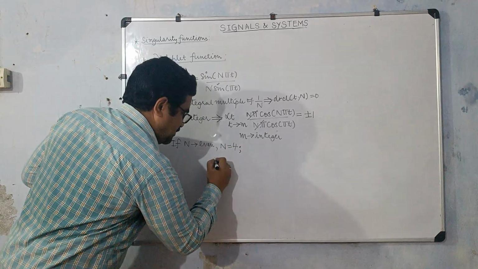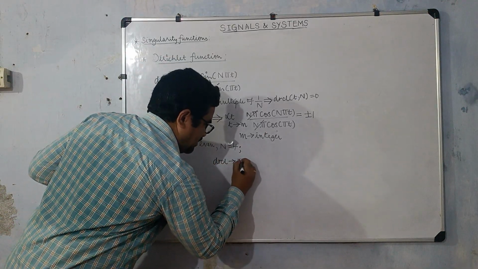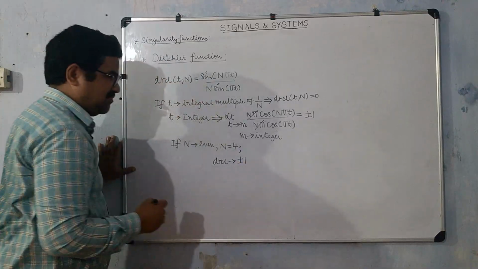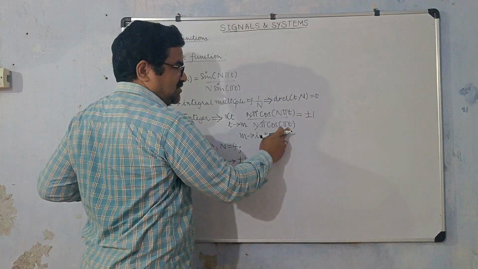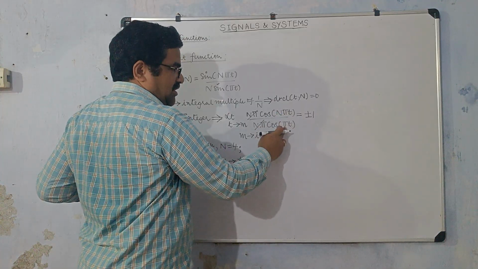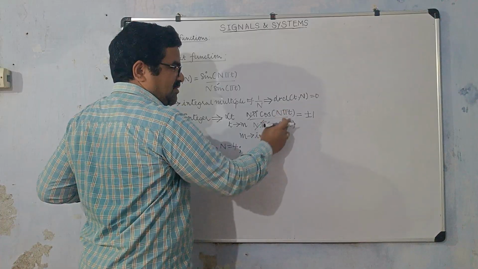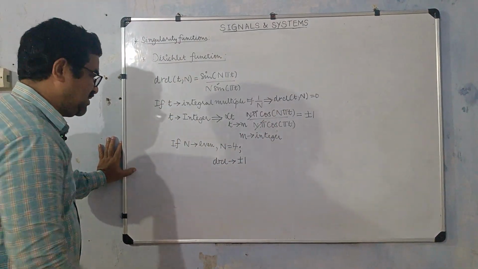So the Dirichlet function can take either plus 1 or minus 1, because 1 by minus 1 is minus 1.